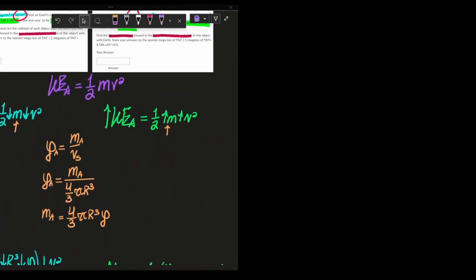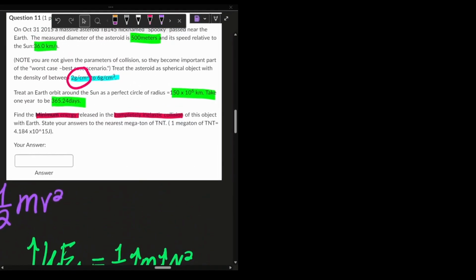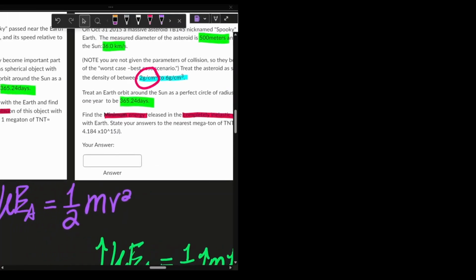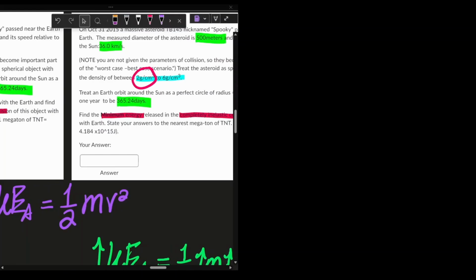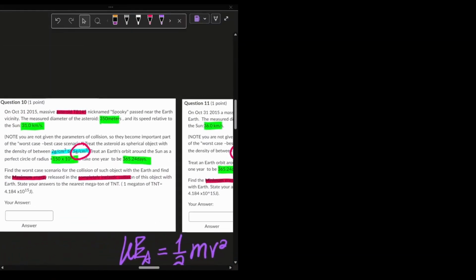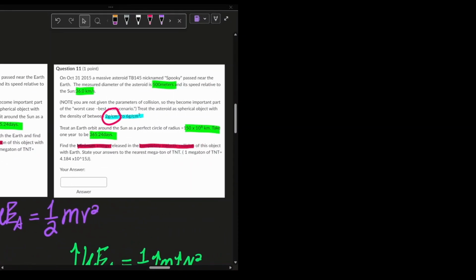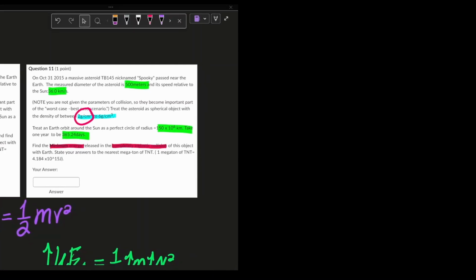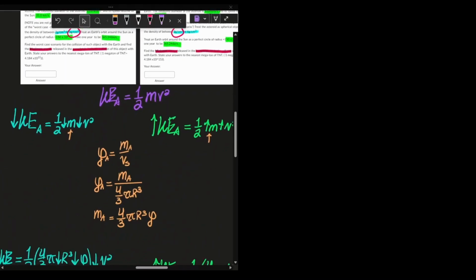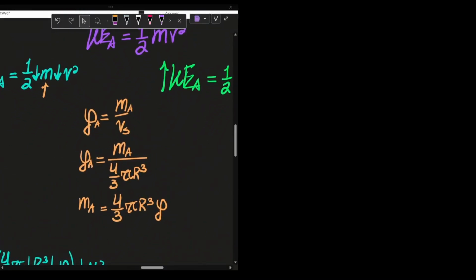This 2 pi r is, of course, the circumference. Pi r cubed.